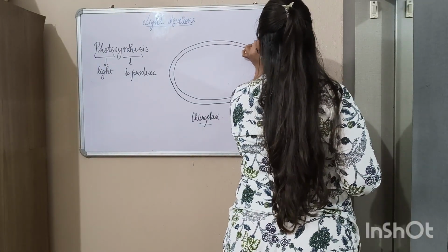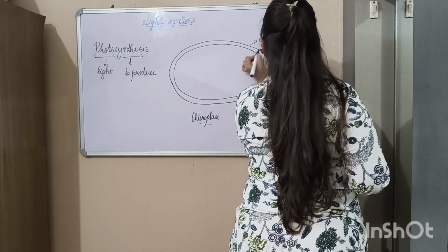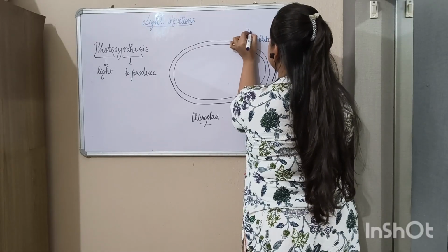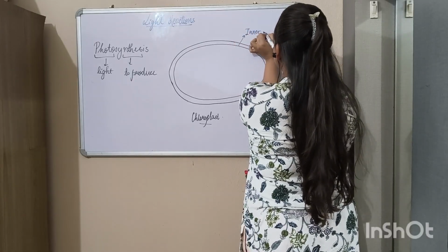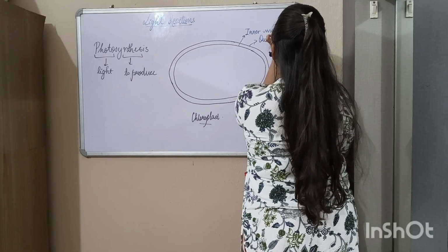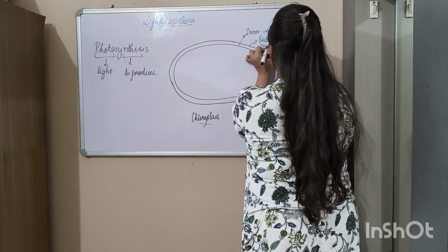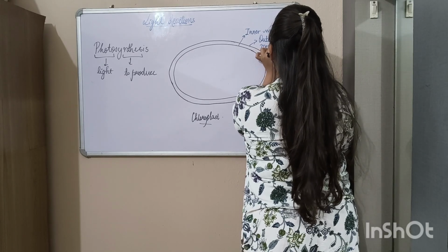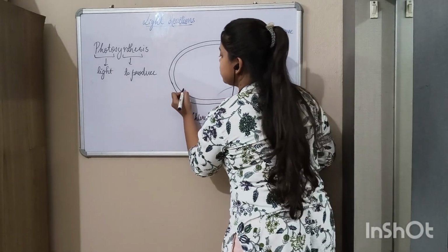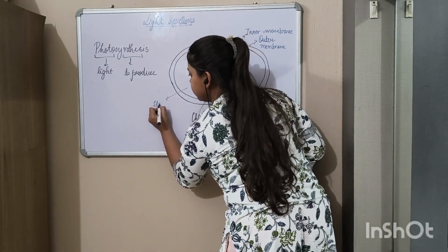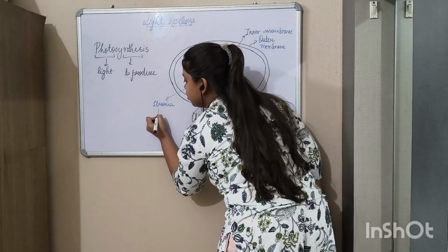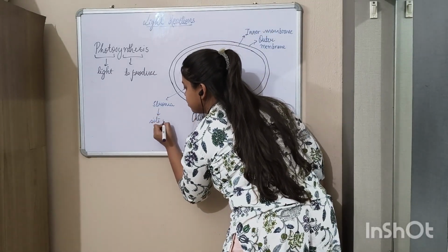There is an outer membrane and there is an inner membrane. Inner to this inner membrane, we have the stroma. Stroma is the site of the dark reaction.